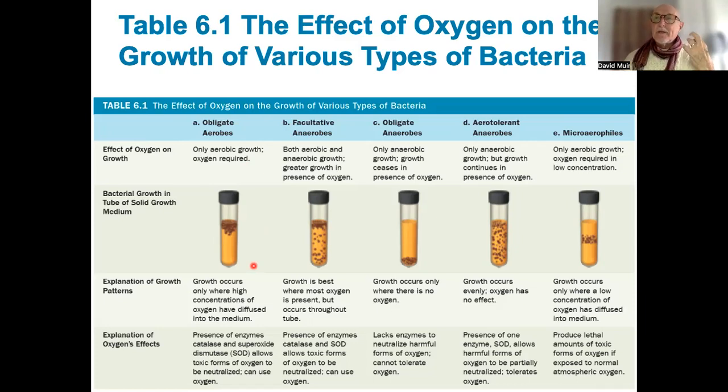That is, they first of all create superoxides, highly, highly reactive. And they create also single oxygen atoms, which are also highly, highly reactive. And the cell has to have ways of dealing with those. Otherwise, they damage molecules inside the cell.